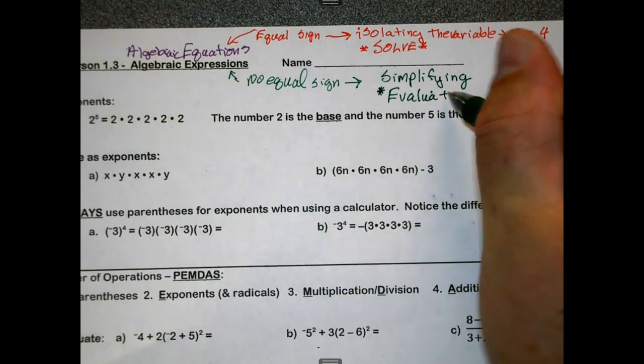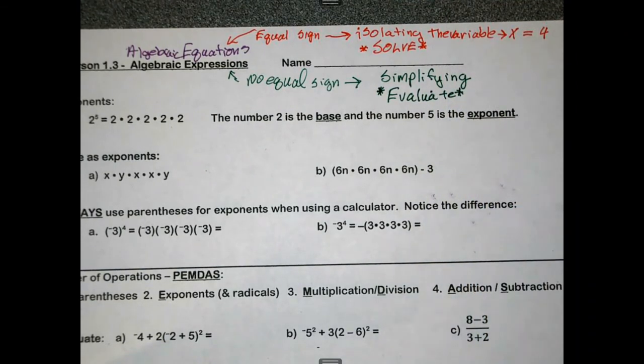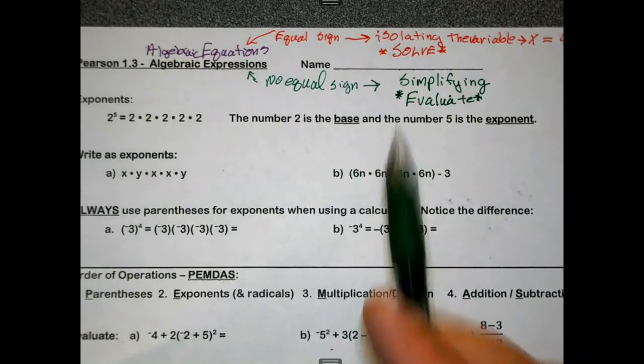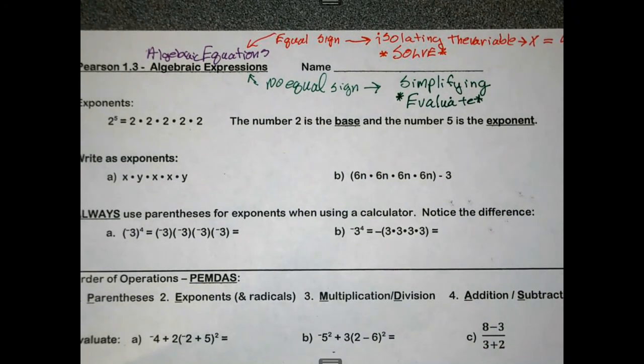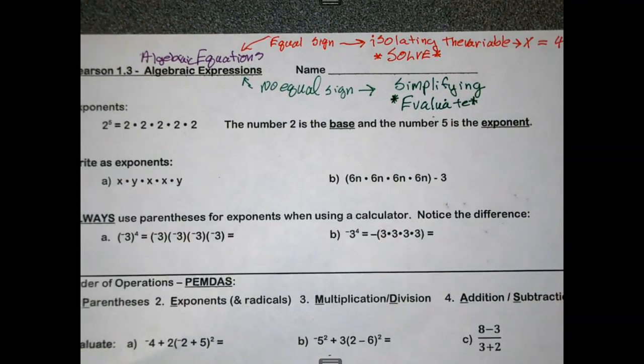But in all cases, you have to simplify. And simplify means if you can combine like terms, you've got to do it. If you can reduce a fraction, you've got to do it. So you're always simplifying or reducing when you're working with expressions.